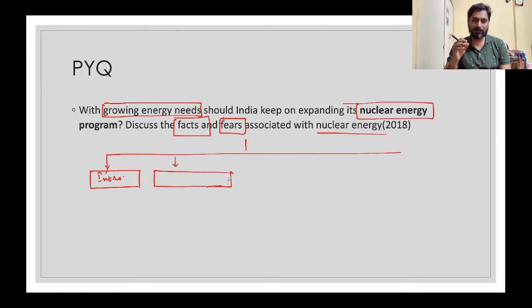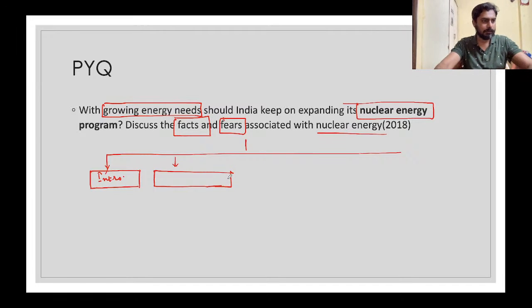Anybody, what should be your next subheading after the introduction? Would anybody like to try?